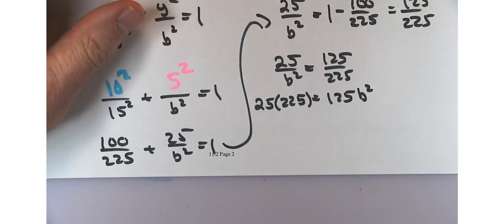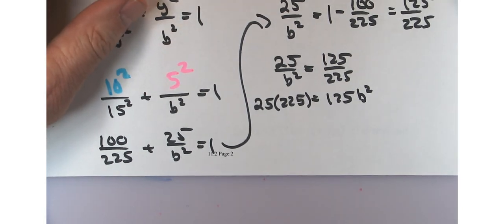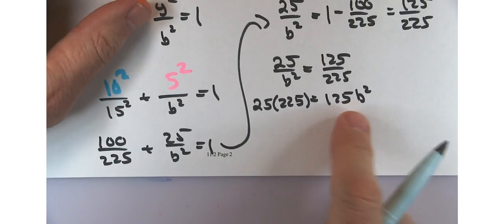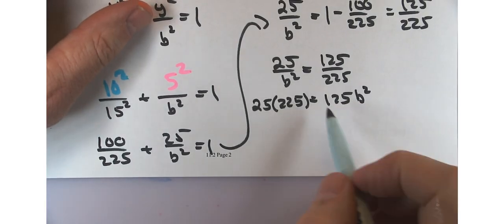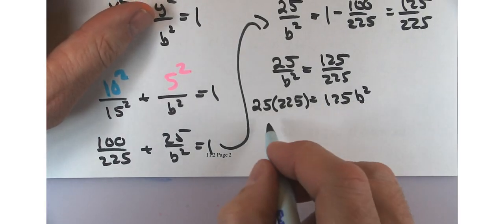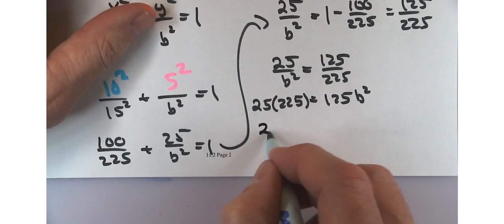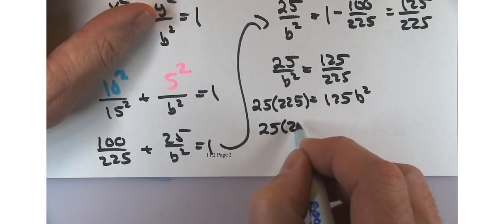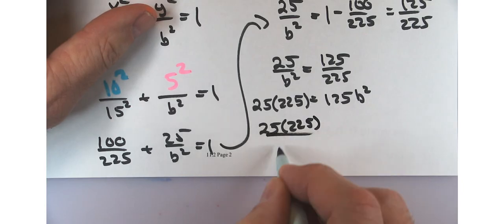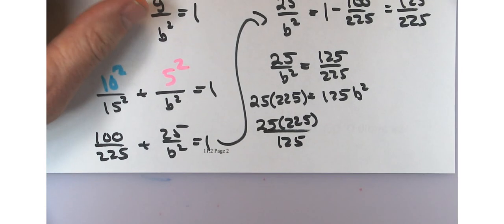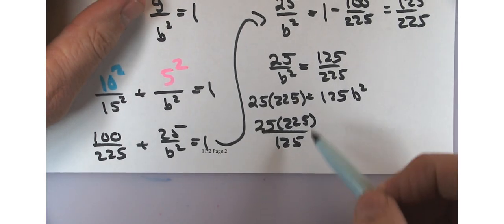You've got a lot of 25s here. If you wanted to divide out one, that's fine. Let's just divide both sides by 125 and get 25 times 225 divided by 125. Let's see, that's going to be about 45, I'm thinking.